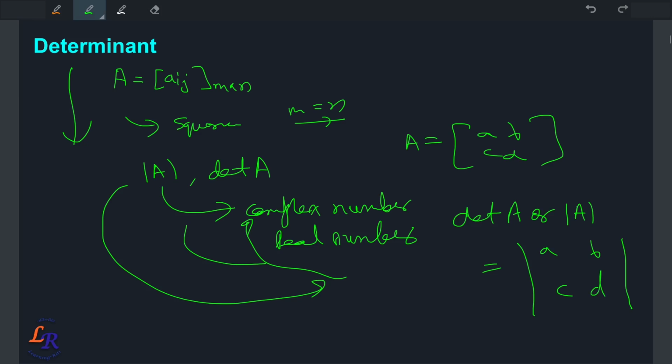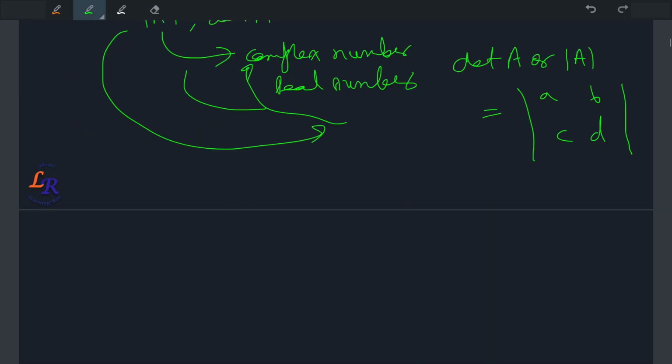Now, if you associate it with our beginning chapters and want to write it in terms of a function, you can assume there is a set M of all square matrices, and you can always associate it to a set of real numbers.